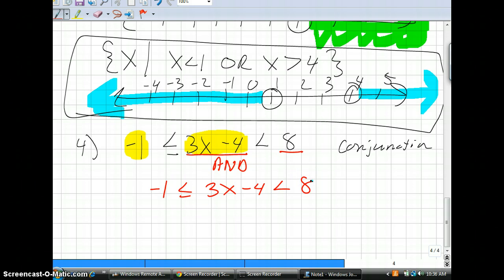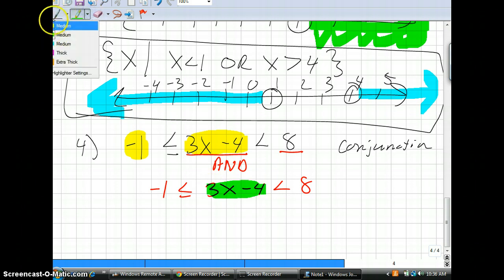Okay, now this is a conjunction, and we can actually solve it exactly the way it is. We notice that there are actually three regions: the one where the x is, the left side, and the right side. So we start in the middle because we want to get x by itself.